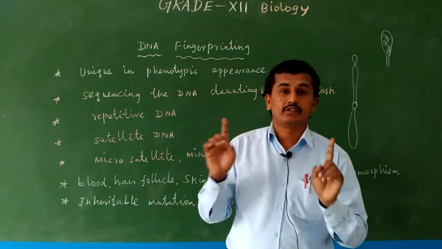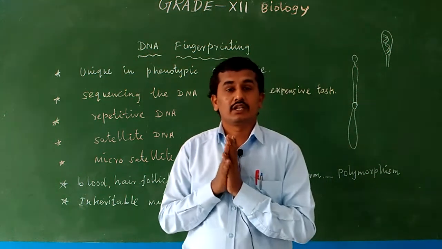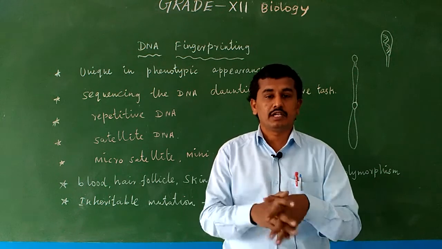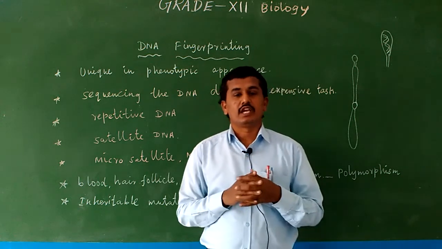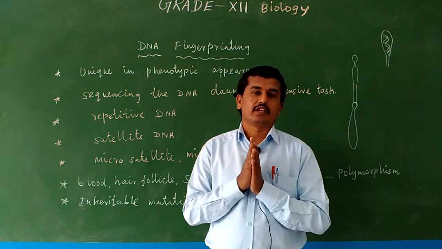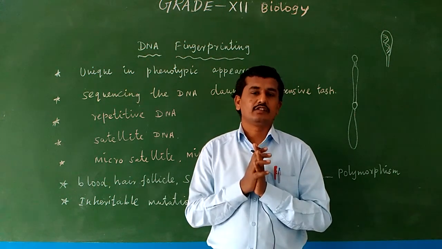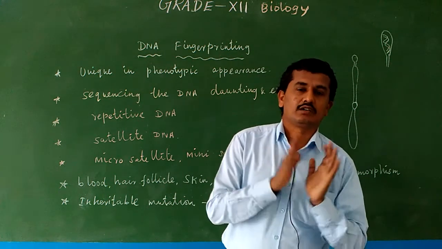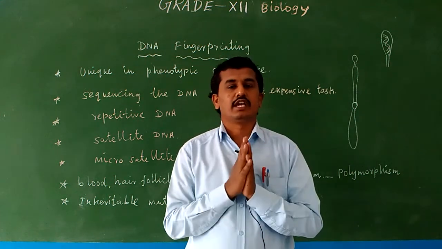The person related to the particular crime scene is matched. So easily the forensic science department, the CBI, the police, and criminologists can identify the particular person who committed the murder.